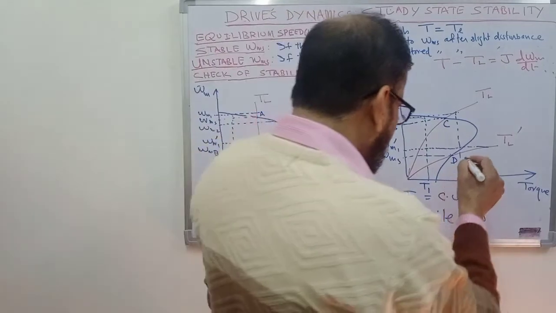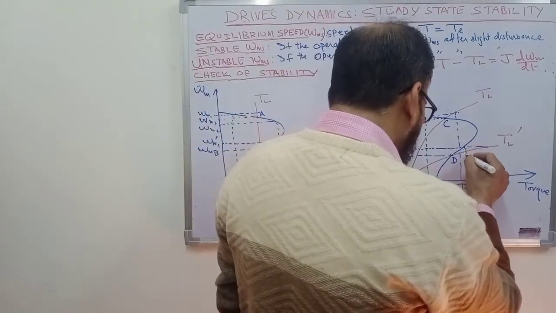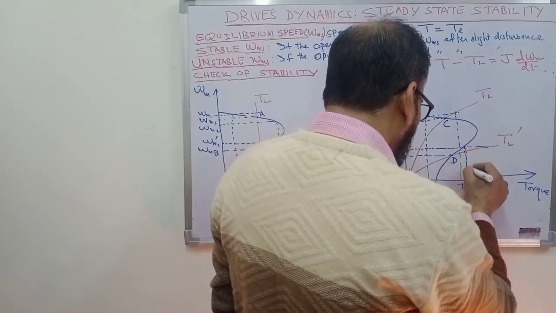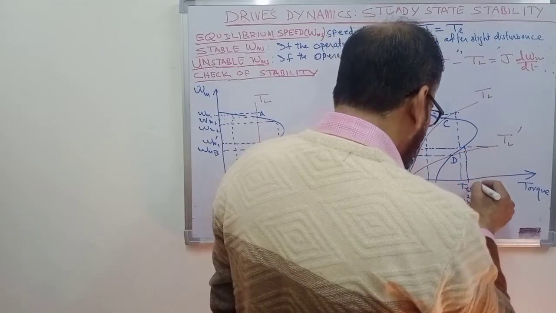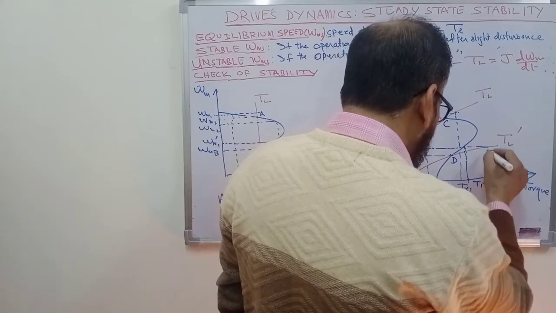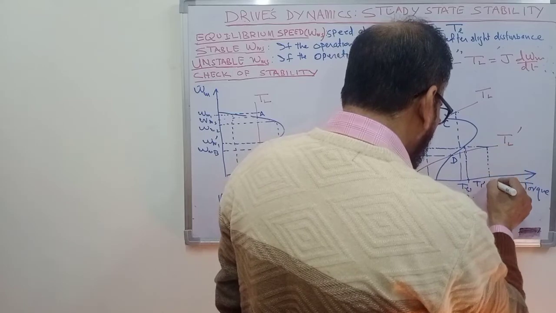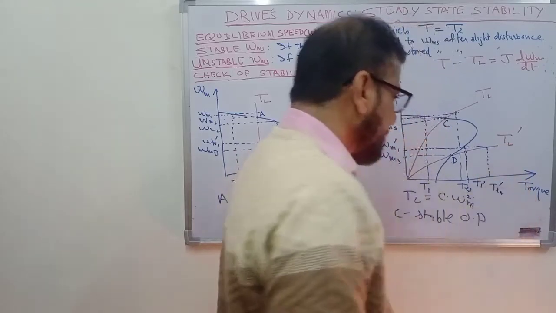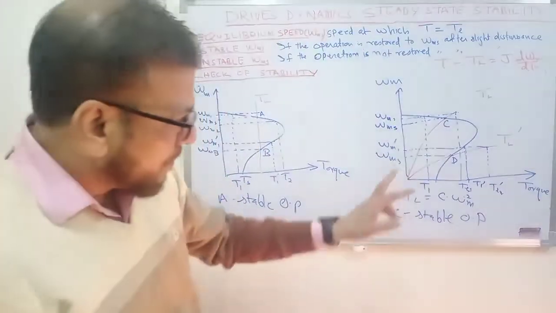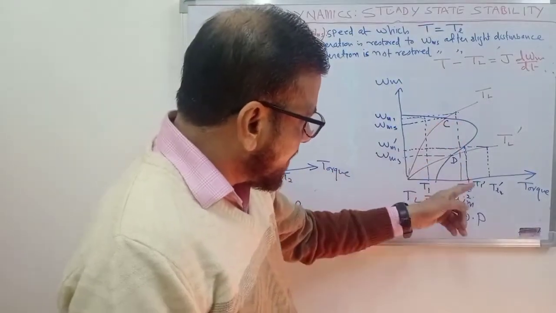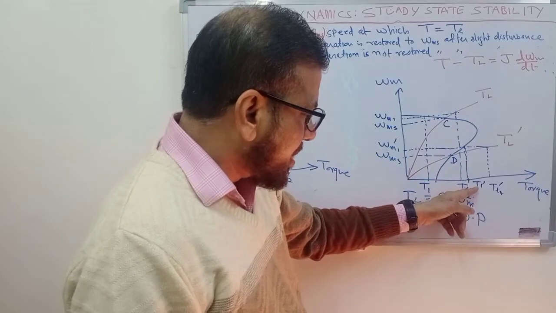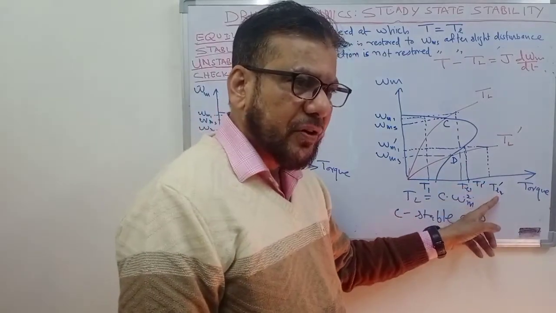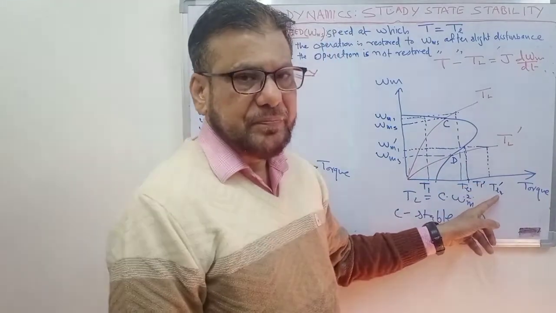With this new speed, the motor torque becomes equal to T1 dash, whereas the load torque becomes equal to TL1 dash. So with the increase in speed, the motor torque becomes T1 dash, which is less than the load torque TL1 dash.